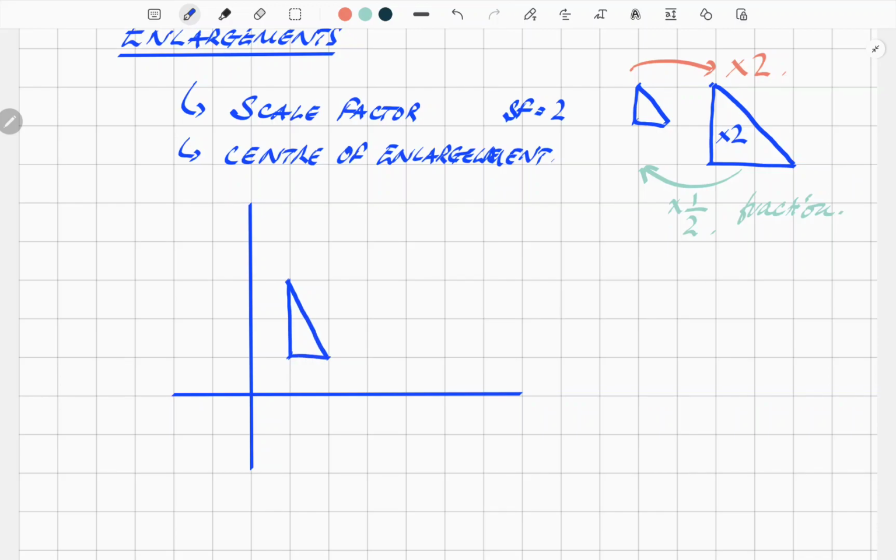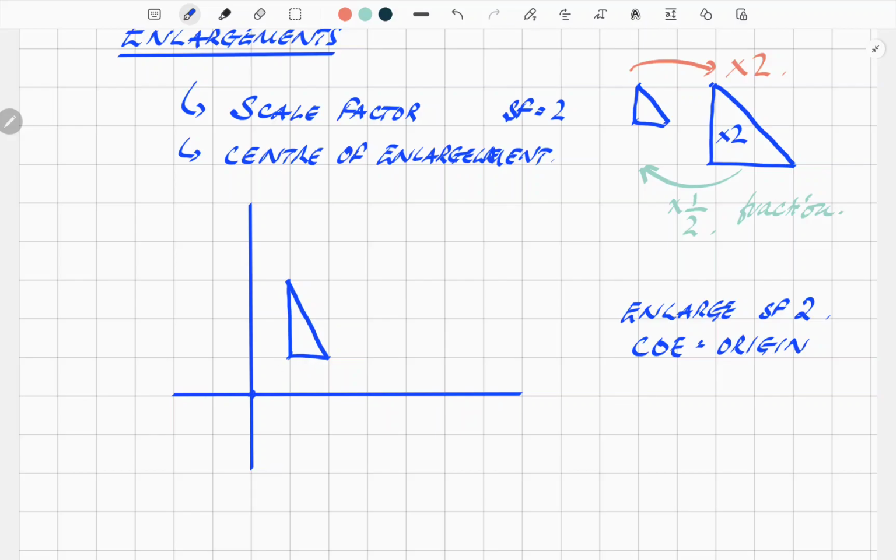Let's say I want to enlarge it with scale factor 2. Let's keep it simple. And this time the center of enlargement is the origin.